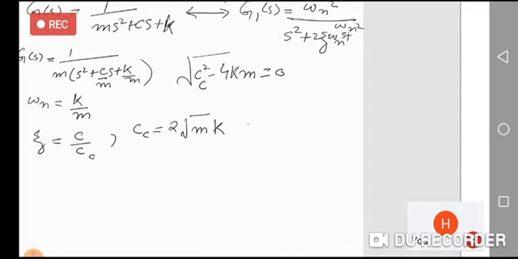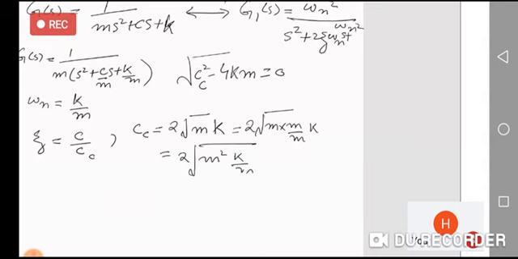Or I can write it as 2m into m over m into k, equal to 2m square k over m under root, or 2m under root k over m is equal to 2m omega n.